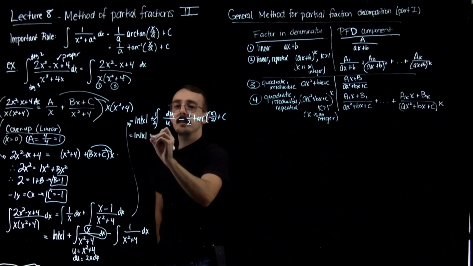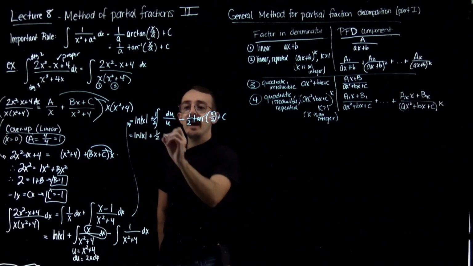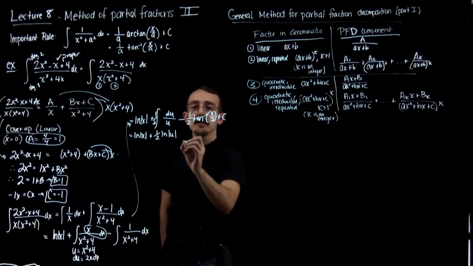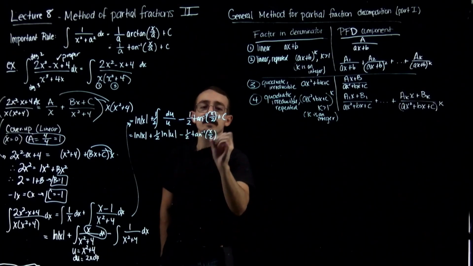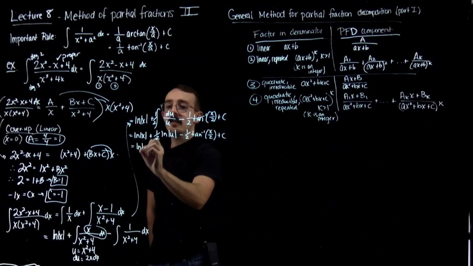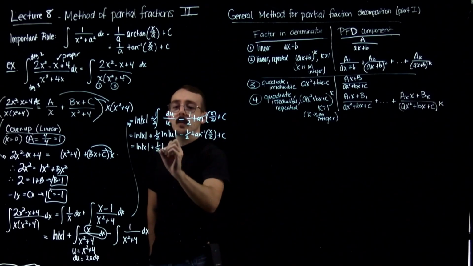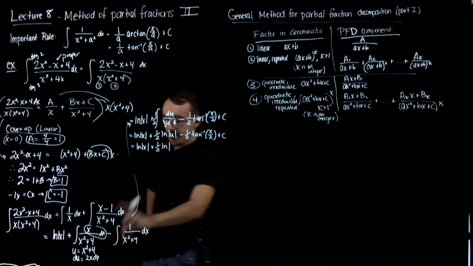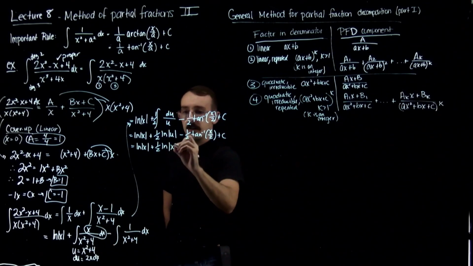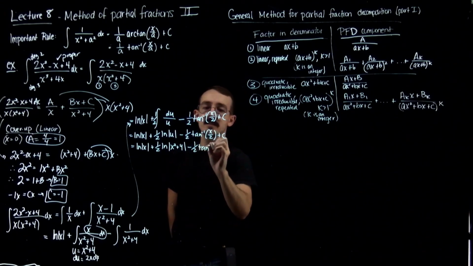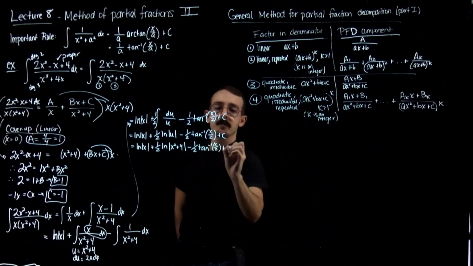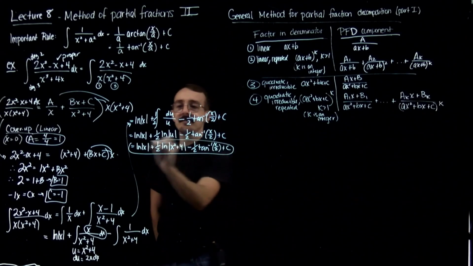So I get ln of x plus 1/2 ln of absolute value of u minus 1/2 tangent inverse x over 2 plus c. And then we know that the u that I chose was x squared plus 4. And I'm just going to write the rest of this. OK, and then that's it.